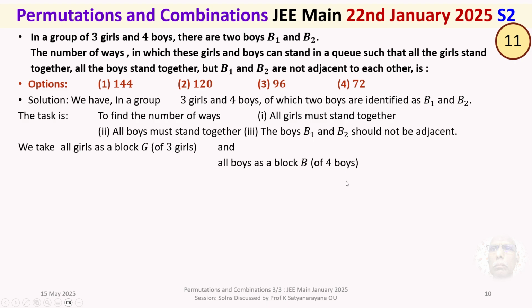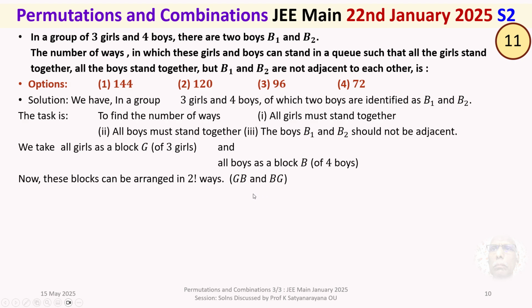In these 4 boys, B1 and B2 are there. Now these blocks can be arranged in 2 factorial ways. What are the ways? GB, BG.